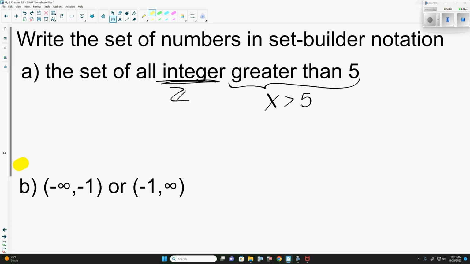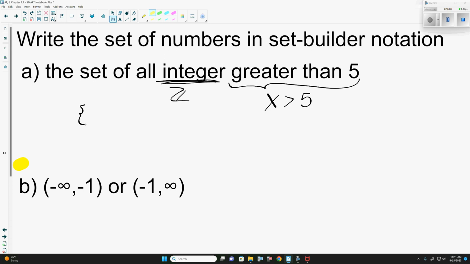Okay. So we identified the types of numbers, integers. That's what it told us, yes? Which is our Z. It told us also that they're greater than 5. So we write the inequality, X is greater than 5. Yes? Okay. Now we're going to actually write it in set builder notation. The thing that starts every part of set builder notation is a brace.